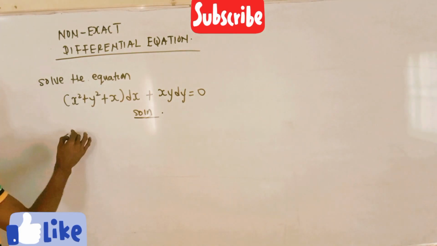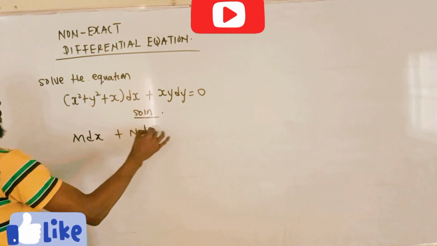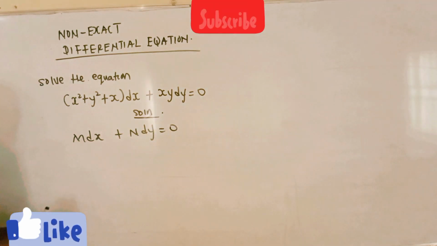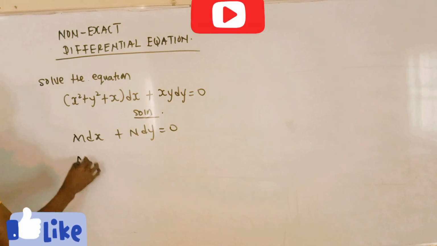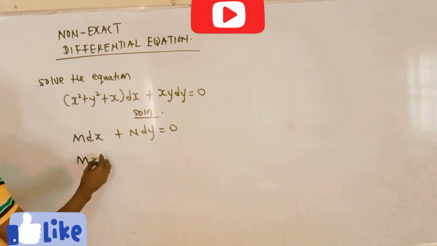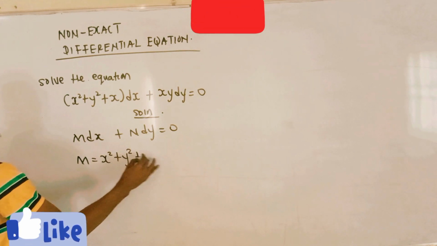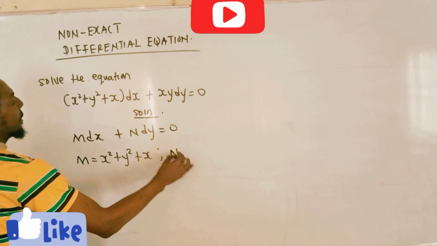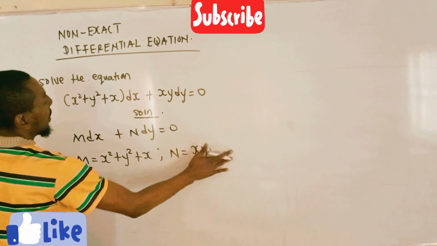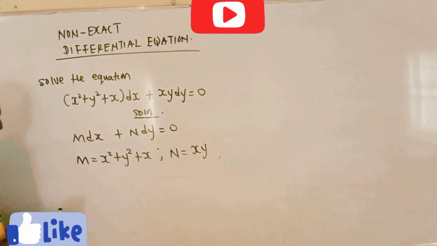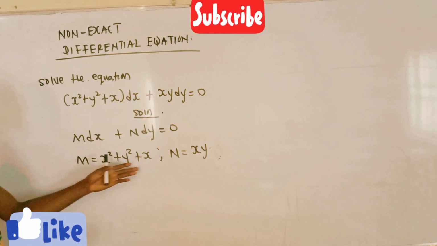Of course, the equation is in the form of M dx plus N dy as usual, so that M is equal to x squared plus y squared plus x, and N is equal to xy. Just comparing this equation with the given equation, we can figure this out.